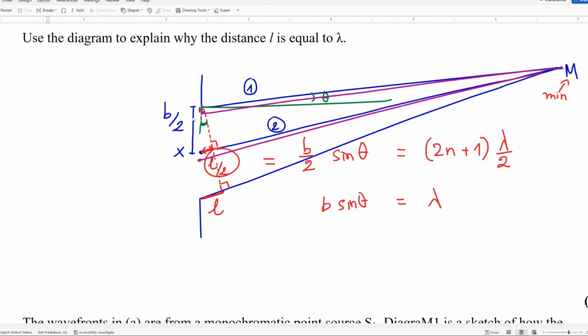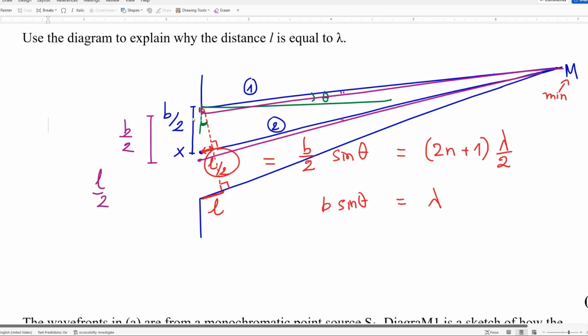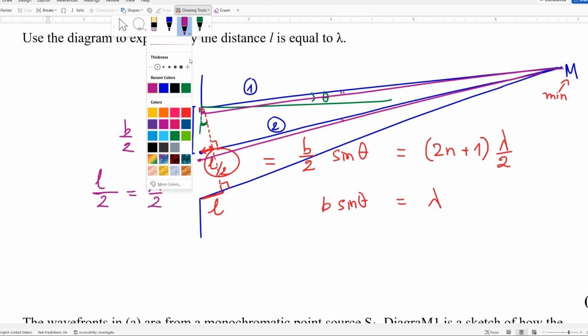The next two rays here. The separation between those two violet rays is also b over 2, and they are also different in phase. The path difference is also L over 2, which is an odd number of half wavelengths, for example, half wavelength. And continue with other colors, other wavelengths.